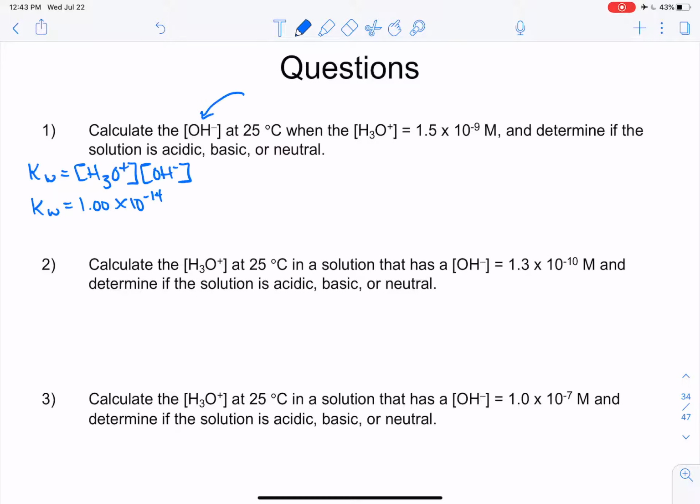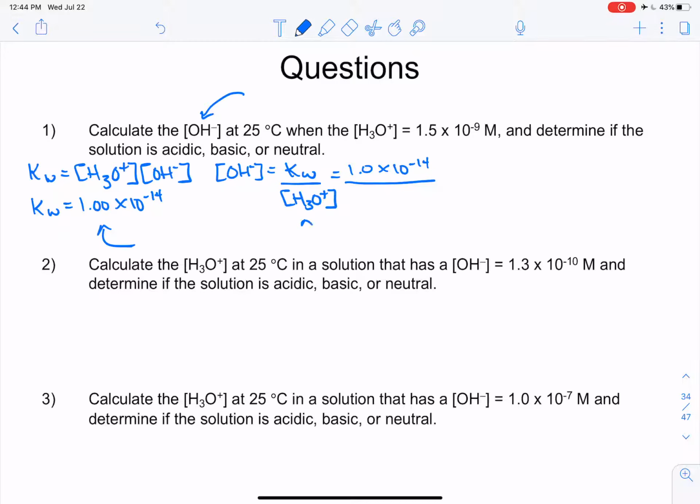So with the magic of algebra, we're going to say that the concentration of hydroxide is equal to Kw divided by the concentration of hydronium. And if we just plug and chug, that's going to give us 1.0 times 10 to the negative 14, because that's the value for Kw.